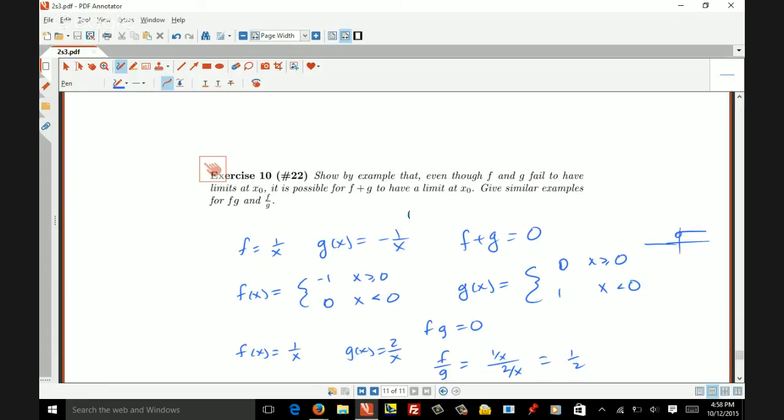Now I'm going to fix epsilon greater than 0. Let n be in the naturals such that 1 over n is less than epsilon, so that I know the bound.